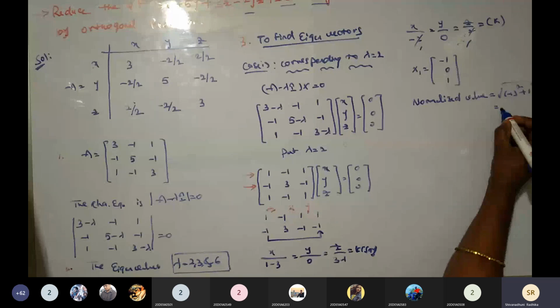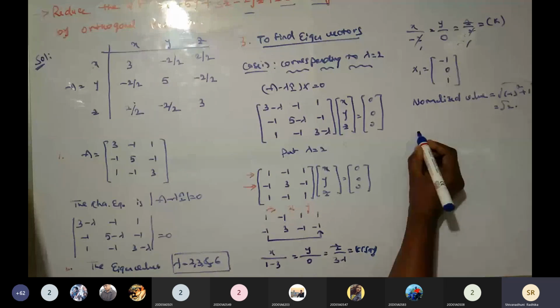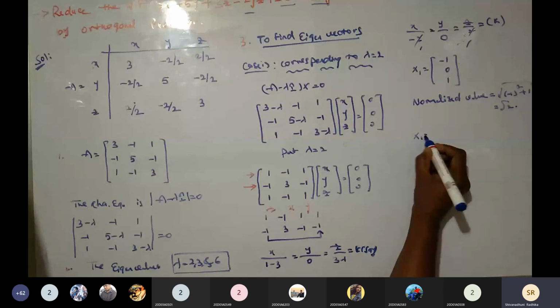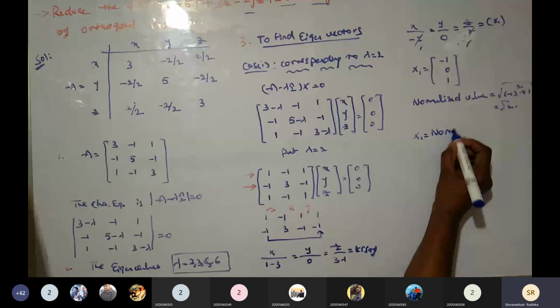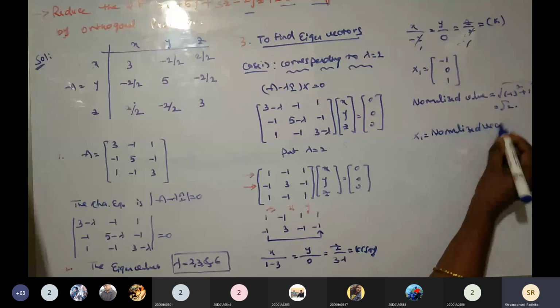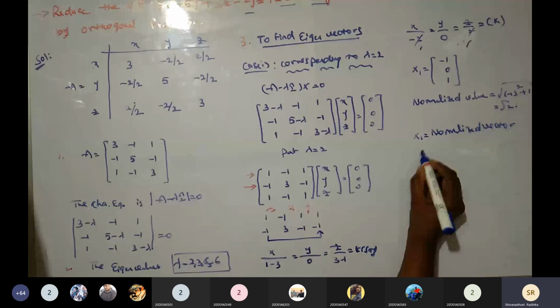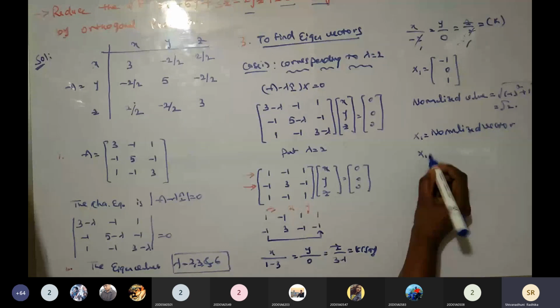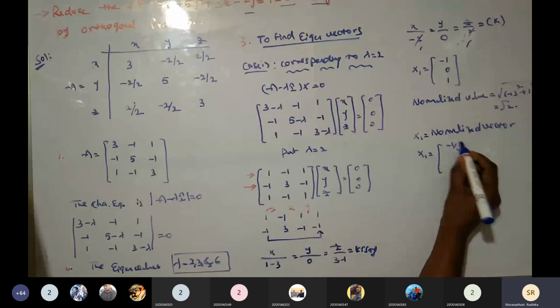Now capital X1 is the normalized vector. So X1 equals minus 1 by root 2, 0, 1 by root 2. The procedure is completed for case 1.